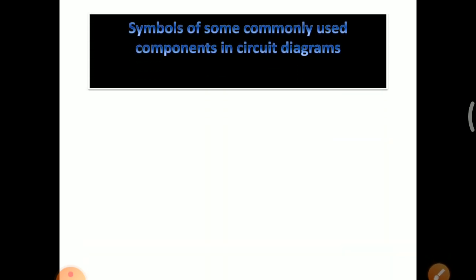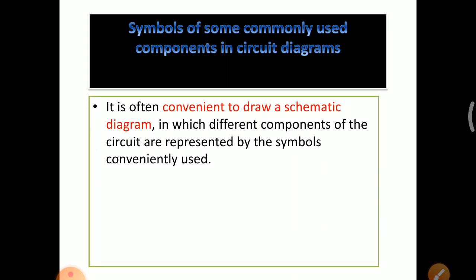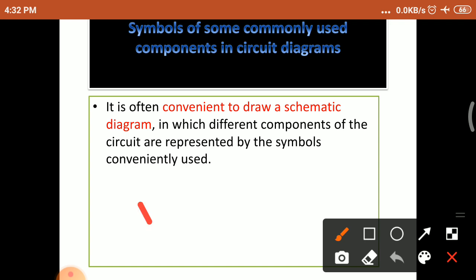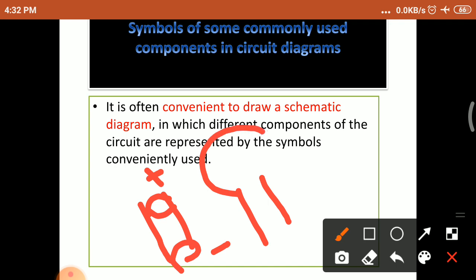Symbols of some commonly used components in circuit diagrams. It is often convenient to draw a schematic diagram in which different components of the circuit are represented by conveniently used symbols. For example, this is a cell, it has a positive terminal and a negative terminal, and this is a bulb.